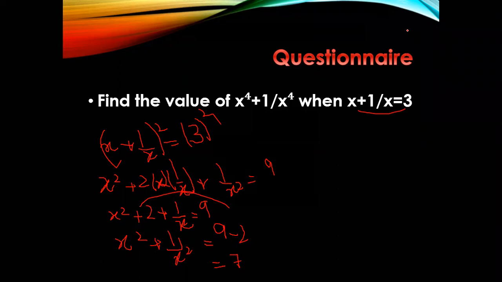Now find out this one, x4 plus 1 upon x4. Very good, Bisma. Very good. You have given the complete answer, Fatma. Very good. Very good, Fatma, and very good, Bisma.